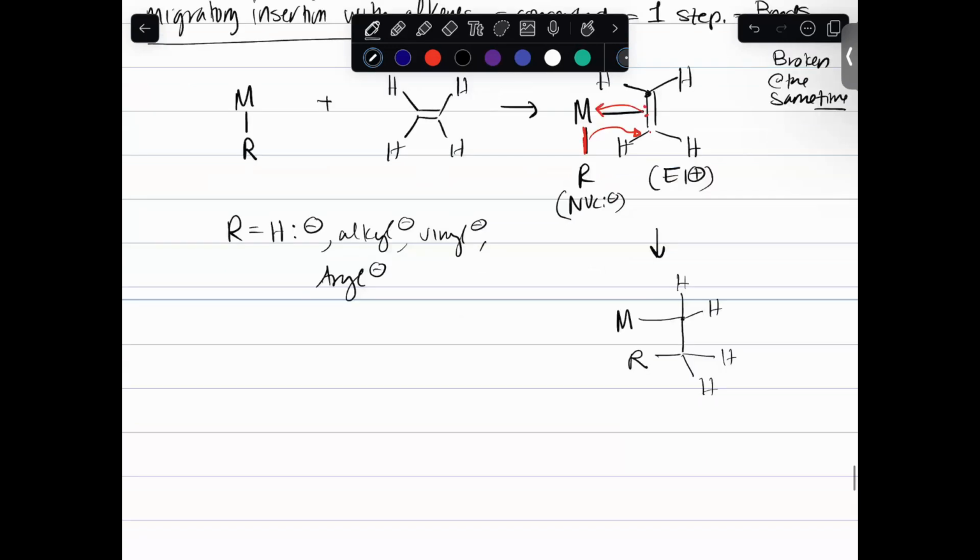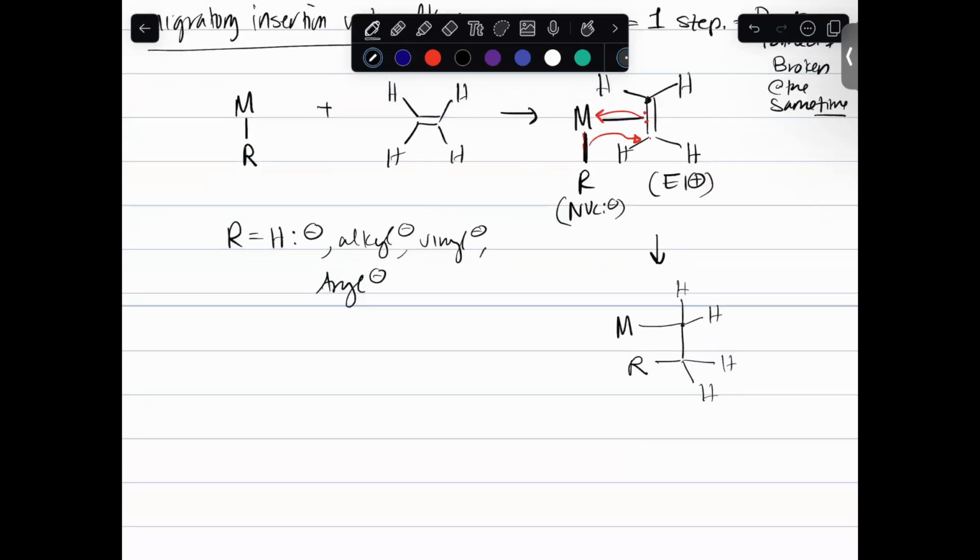The other thing is that when the R group adds, not surprisingly, it adds syn, which makes sense because the metal and the R group are coming from the same face, so they should stay on the same face. So the addition is thought of as a syn addition. Okay, and we'll do examples of this in a second.